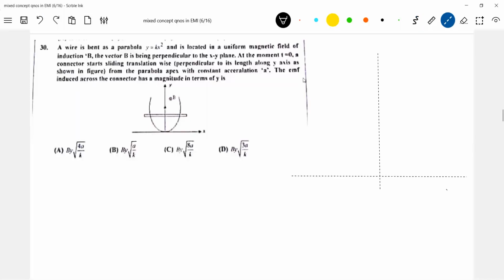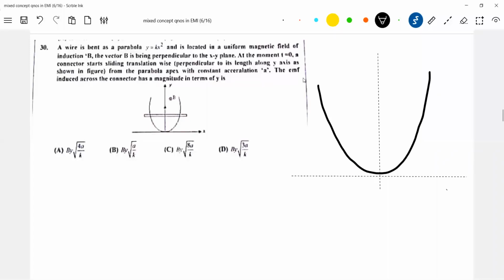Read the question. I'll put the diagram. This is the rod.